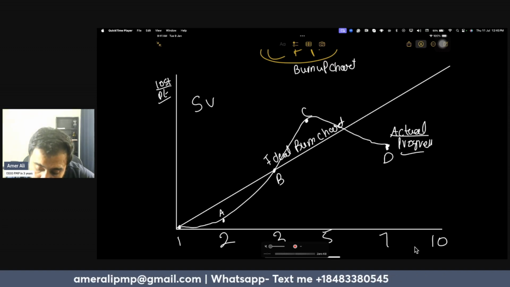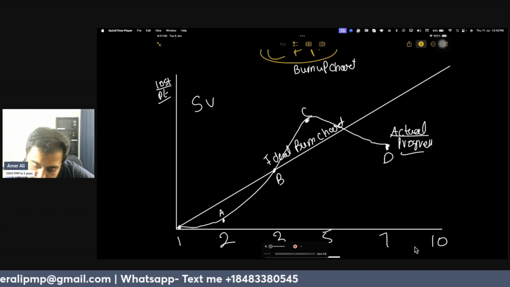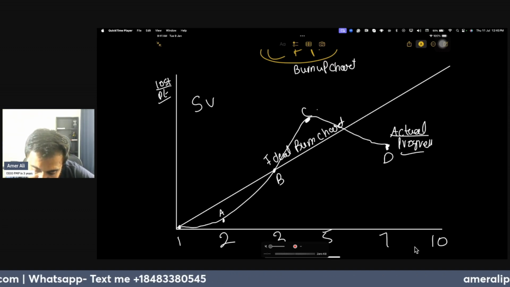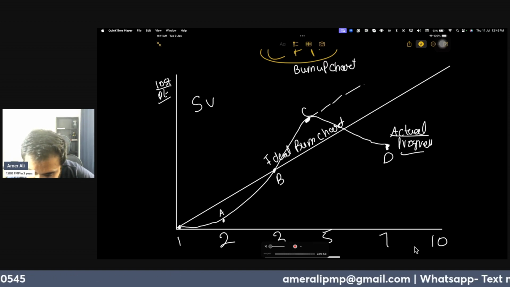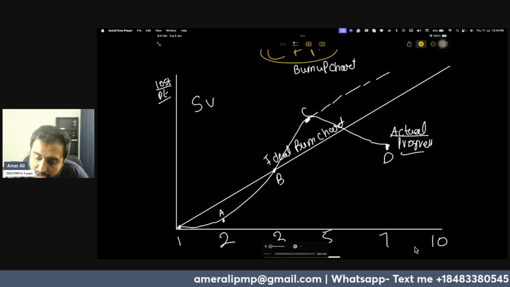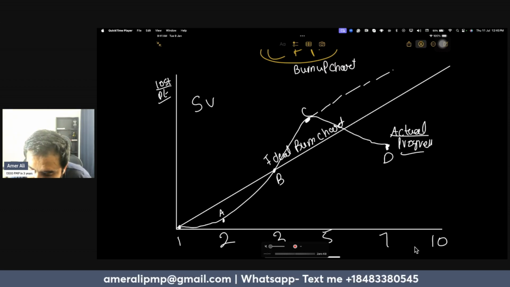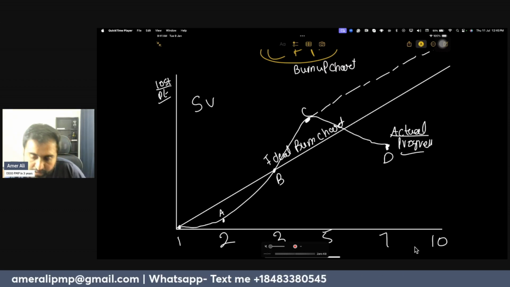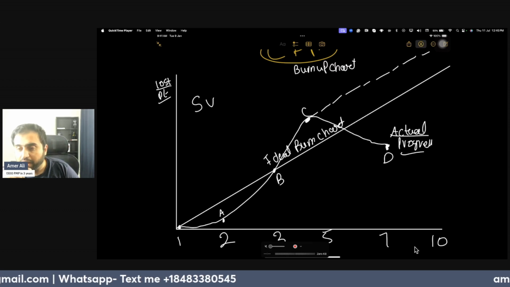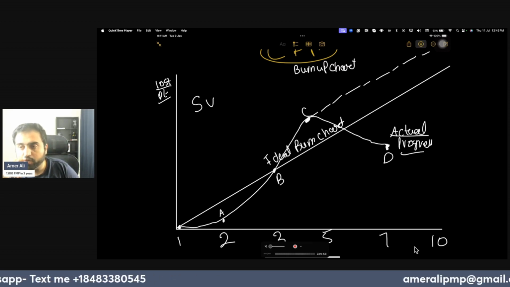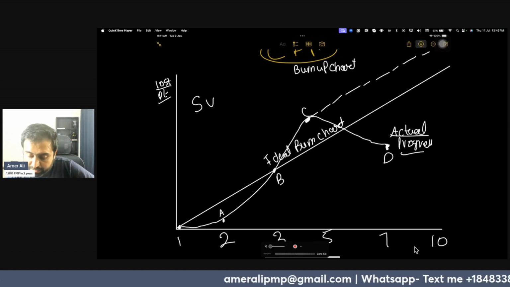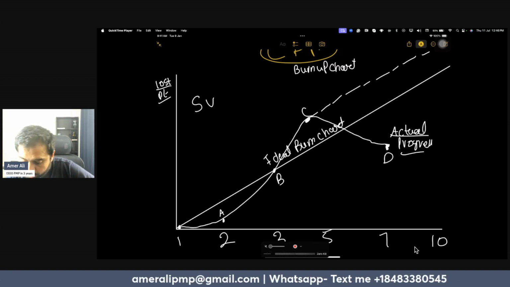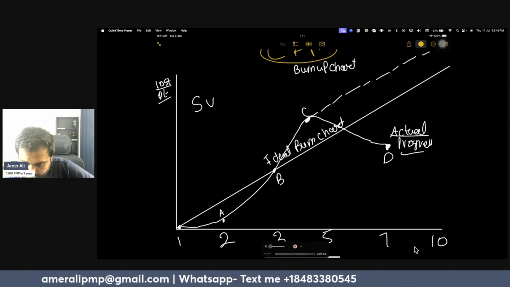So in order to know at point C, I will extrapolate it. If we keep working, actually you tell me, are we ahead of schedule or not? If you are above the line, what does that show? And if you are below the line at point D, what does that show?